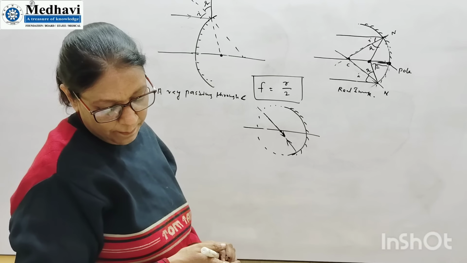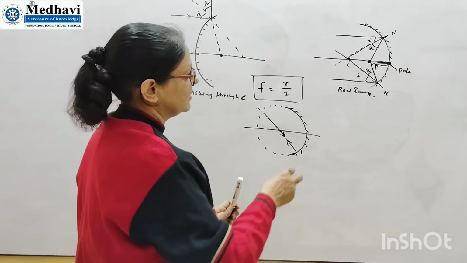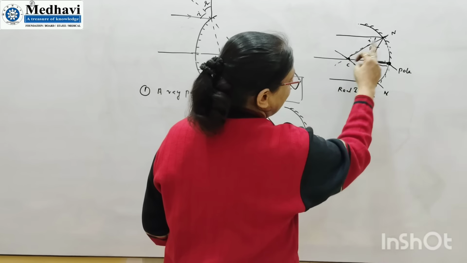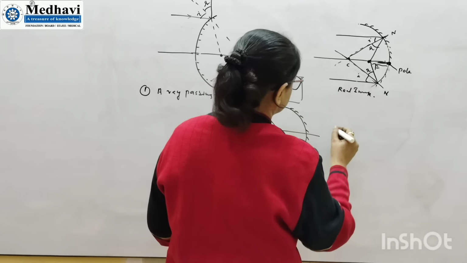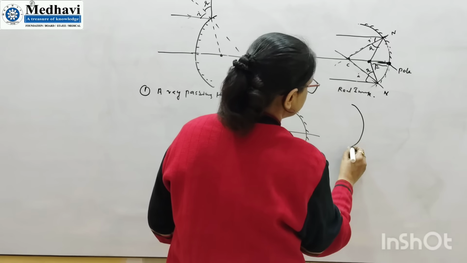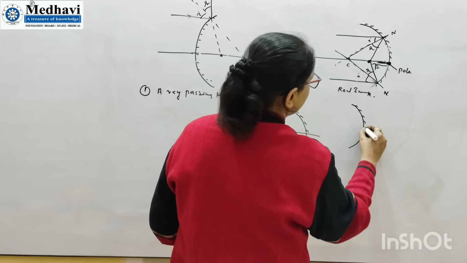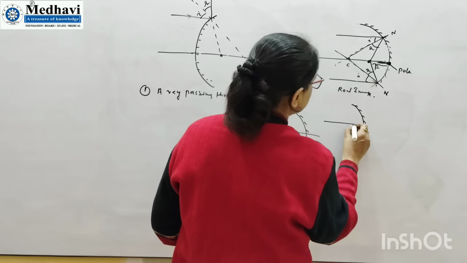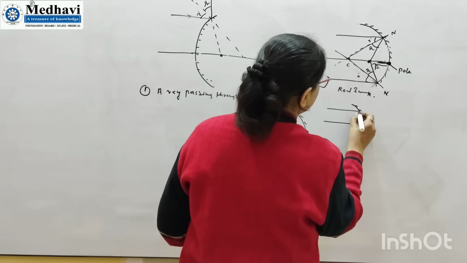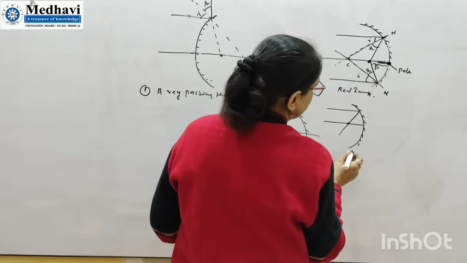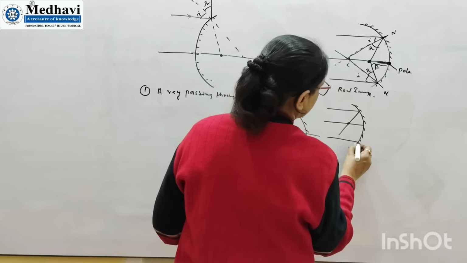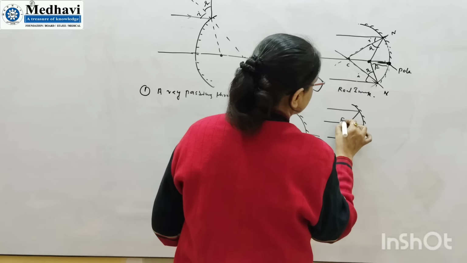Second, a ray parallel to the principal axis. If a ray is parallel to the principal axis, it passes through its focus. After bouncing back, it will cut a point. This point is called the focus.